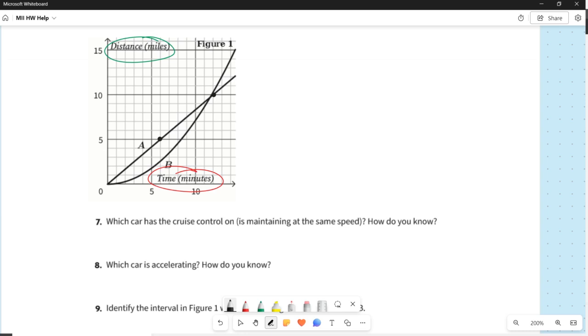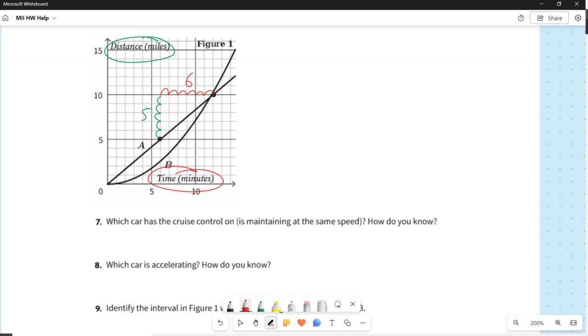Well, my rise is going to be the distance, so it's going to be this. It looks like about 5. And then the run is going to be like this, something like that, and that's going to be 1, 2, 3, 4, 5, 6. If you think about what these numbers represent, 5 is miles, and 6 is minutes.